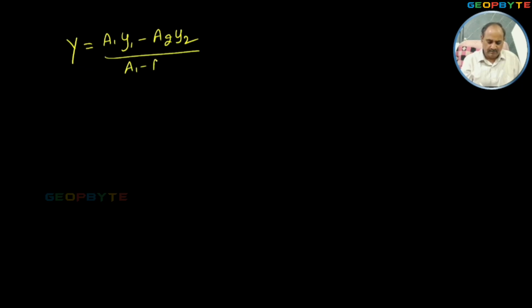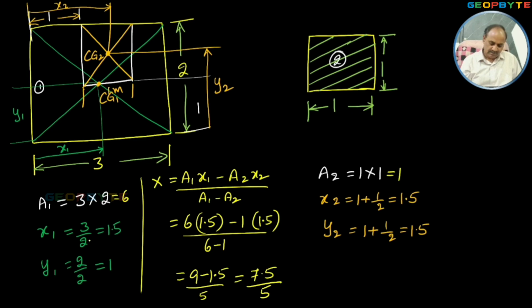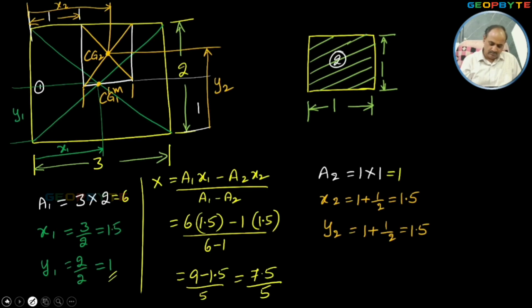Similarly, the centroid distance on the y-axis is (a1 y1 minus a2 y2) divided by (a1 minus a2). A1 is 6, y1 is 1, so 6 into 1, minus a2.